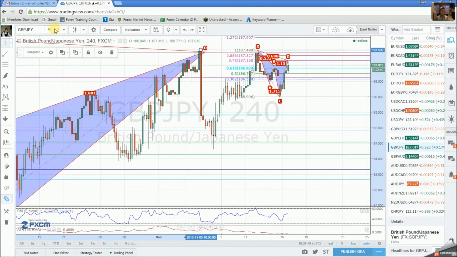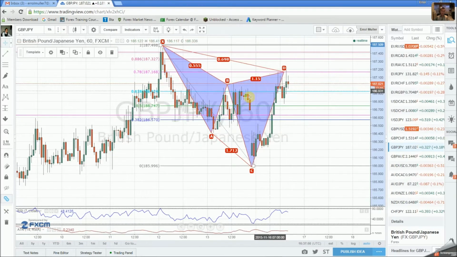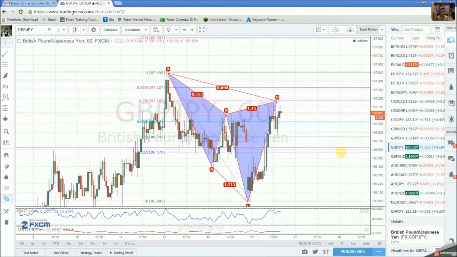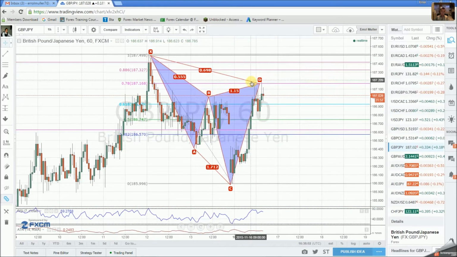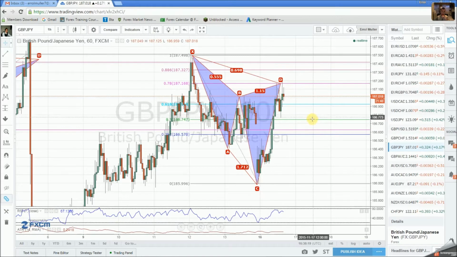Now for you guys who don't trade the 4 hour time frame, if you jump down to a lower time frame, your 1 hour time frame, you will see that we actually had a small Cypher pattern set up here. Like I mentioned before, that was the Cypher pattern that just completed at the D leg, and like I said, I shorted the Cypher pattern, which was another opportunity to get short.